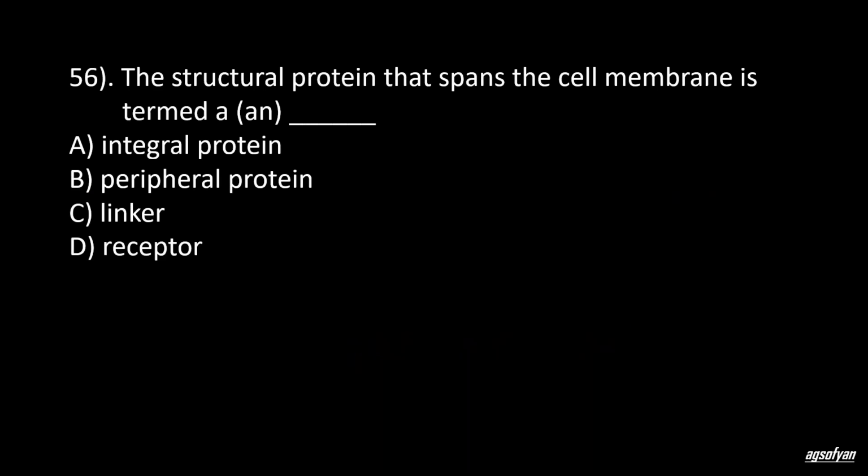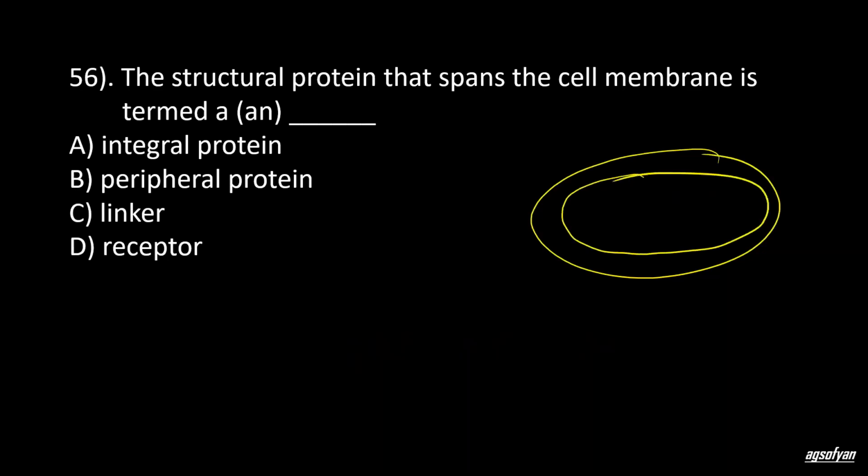The structure of protein that spans the cell membrane is termed as: integral proteins, peripheral proteins, linker, or receptor. Remember, the cell membrane is a bilayer of phospholipid. It also has proteins. If the protein spans from outside to inside, that one is called integral.